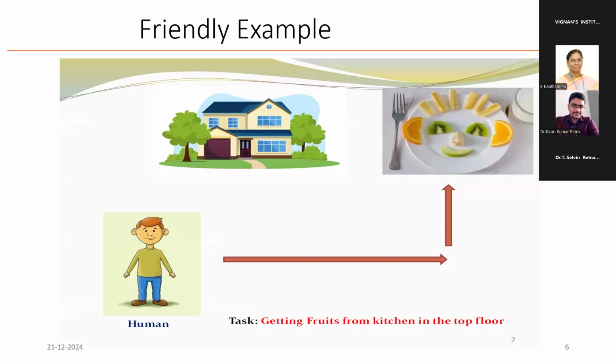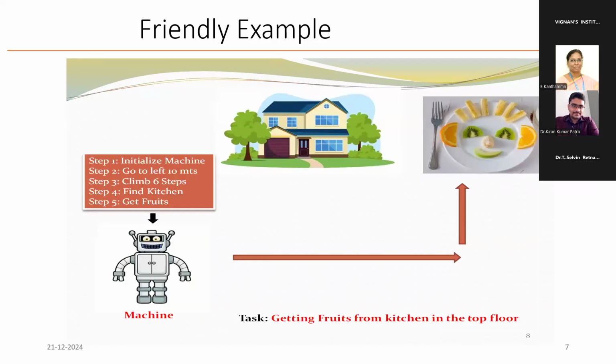I will tell you a simple example. Suppose there is a human, and the task is getting fruits from the kitchen on the top floor. Generally, the human will go to the house, enter the top floor, and take the fruits. What happens when you apply the same task to a machine? Here you have to follow some steps.